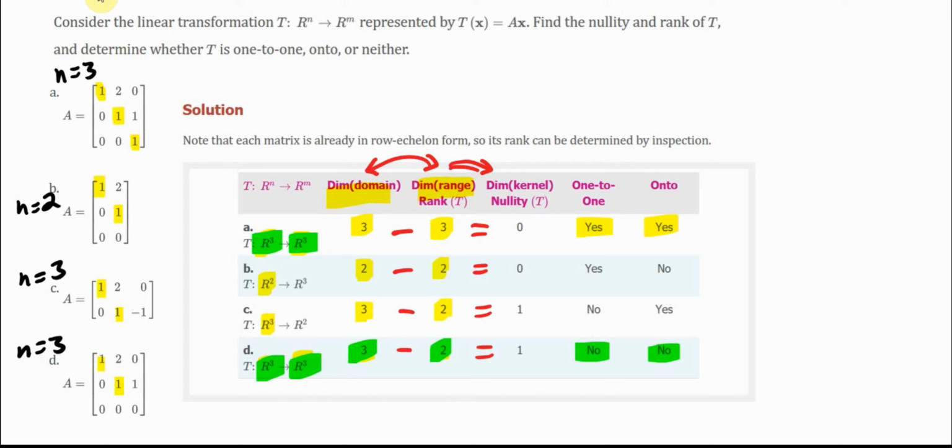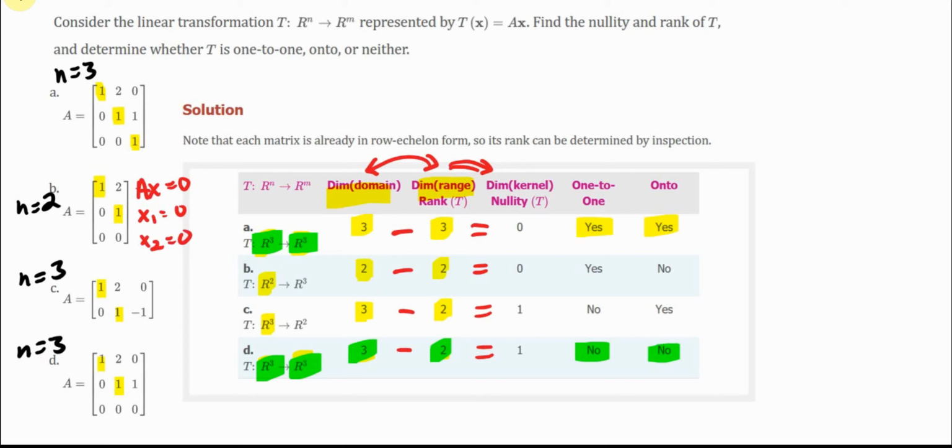Now in terms of one-to-one, going directly at that, we said that the transformation is one-to-one if the kernel is only the zero vector. We get the kernel that only maps into zero. So if you look at part B, come back and look at this matrix, what that says is that when you solve AX equal to 0, would you get x of 1 equal to 0 and x of 2 equal to 0 for this one?